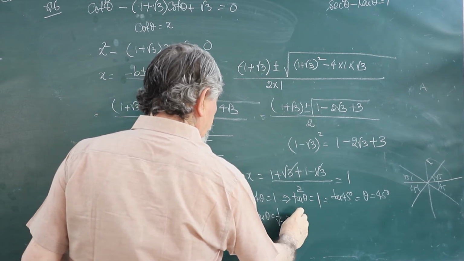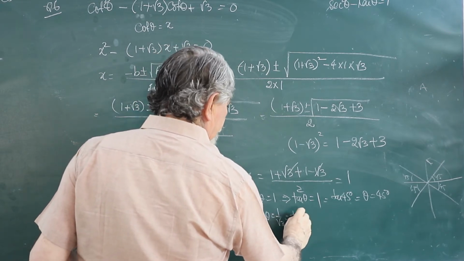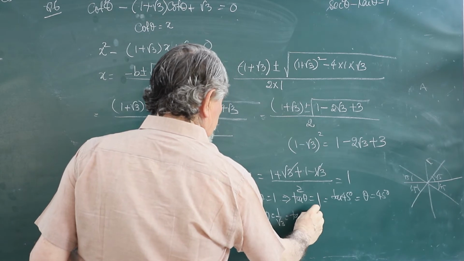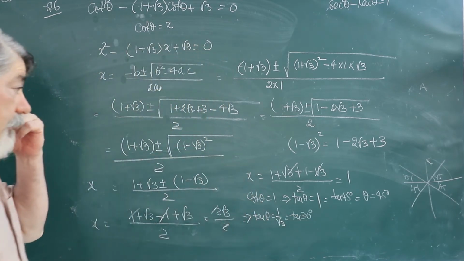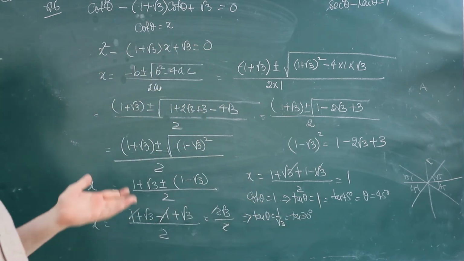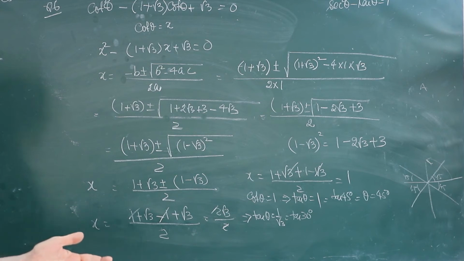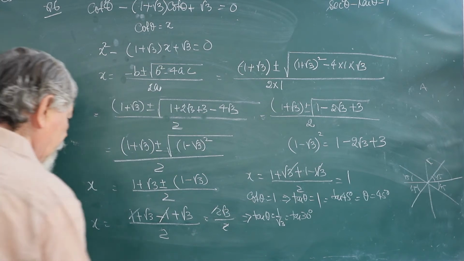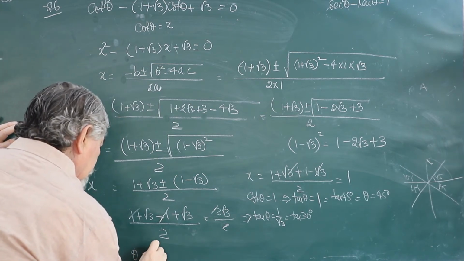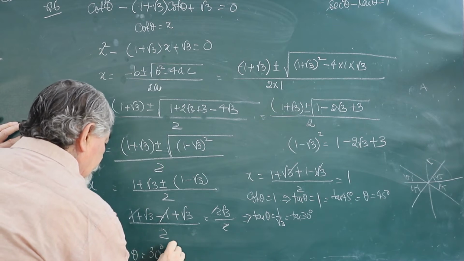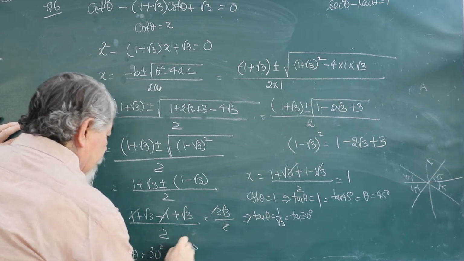Tan theta is 1 upon root 3 means tan 30, theta is 30. Now I cannot take any other value because any other value will fall in the third, fourth or second quadrant, which will be more than this. So possible values of theta are 30 degrees and 45 degrees.